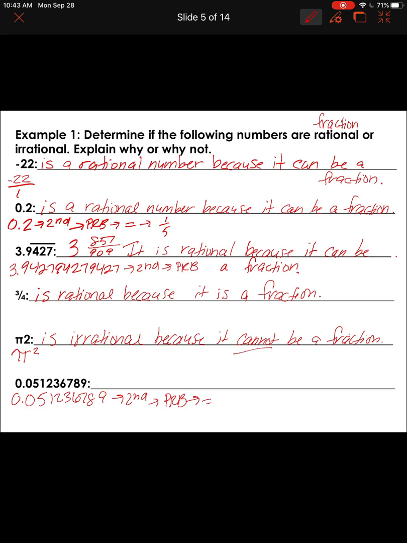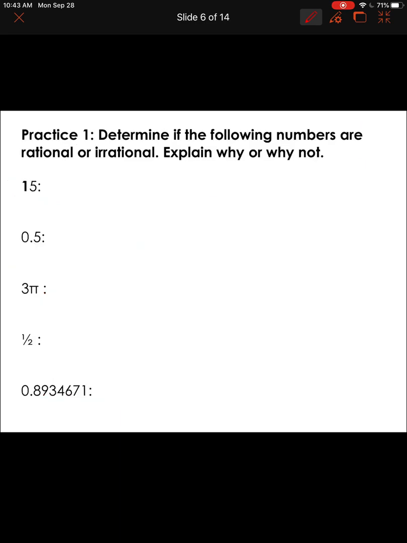It does not change to a fraction, so this is an irrational number because it cannot be a fraction. Okay, if you need to, stop the video to fill in this section of your notes.